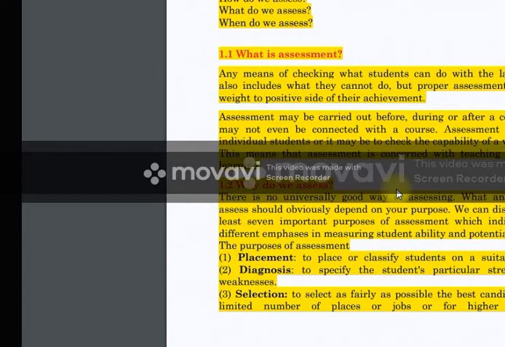Another student, I think Noor, mentioned that it is important to collect some information concerning specific features of the students, for example, intelligence.